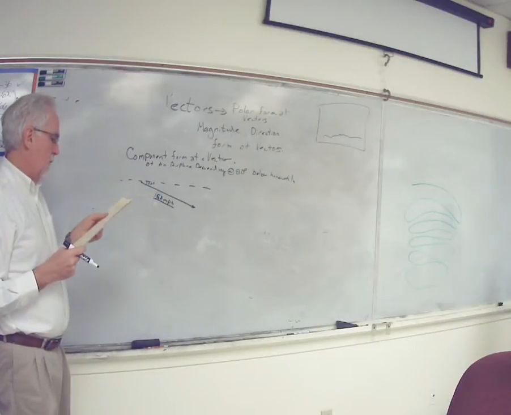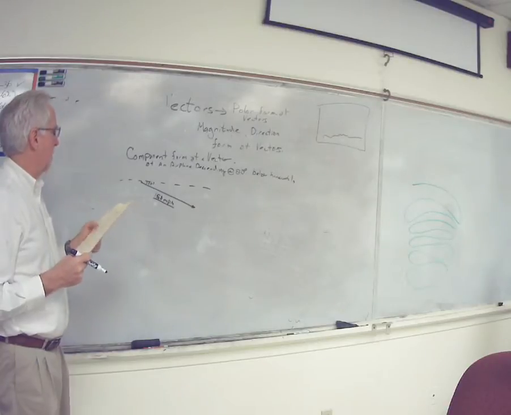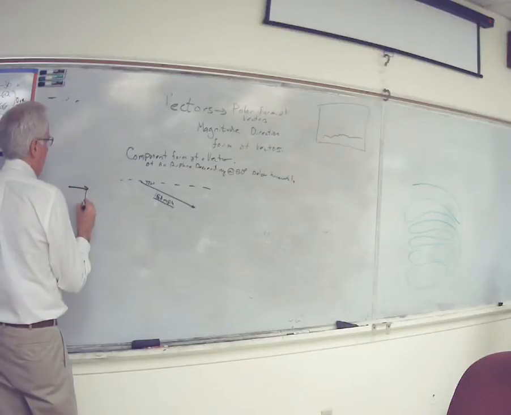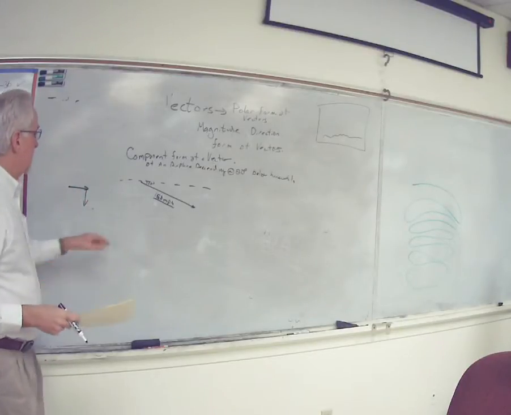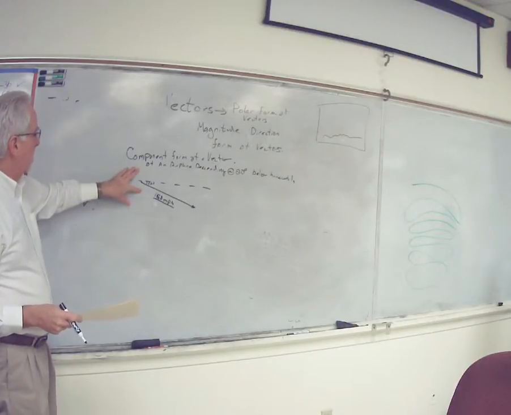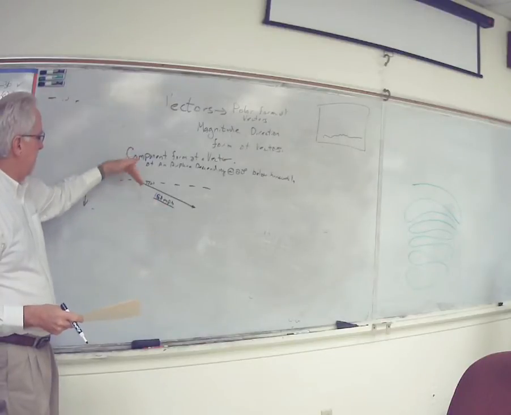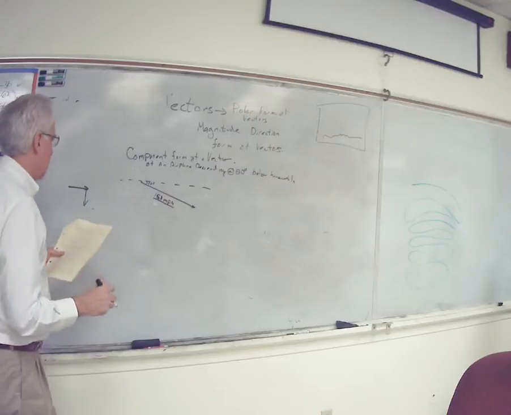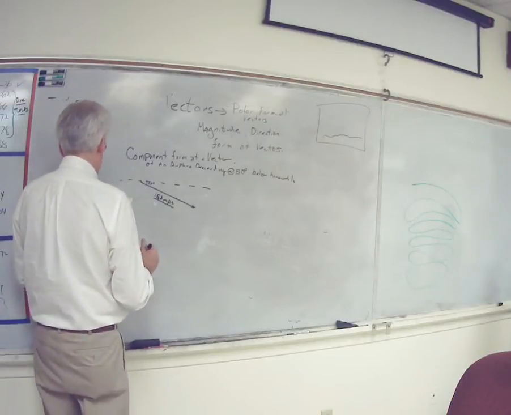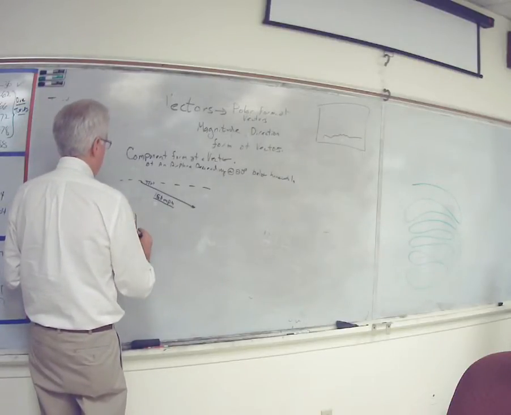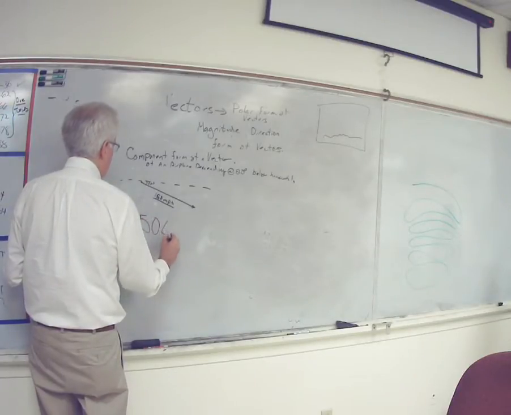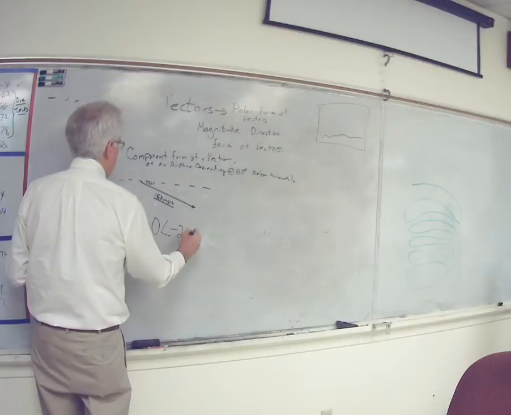Then what I want to know is how fast it's going horizontally and how fast it's going down. So this is really polar form, 150 miles per hour at 20 degrees, and I want to go from that to component. Really my vector is 150 at an angle of minus 20.